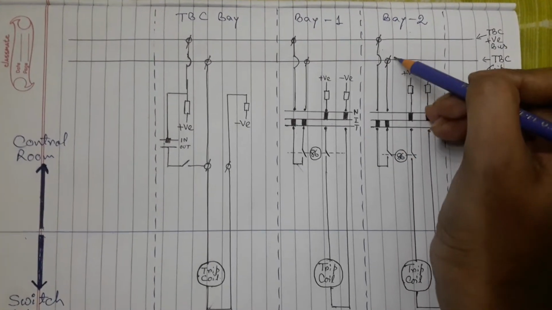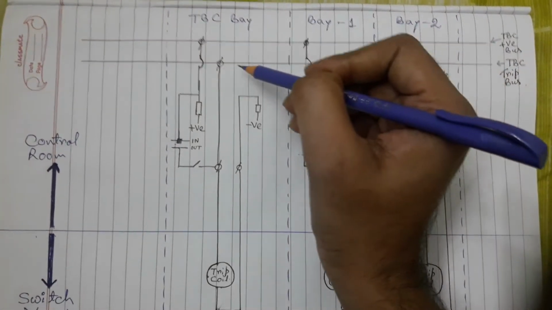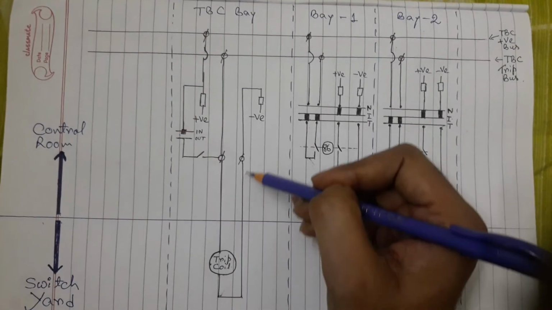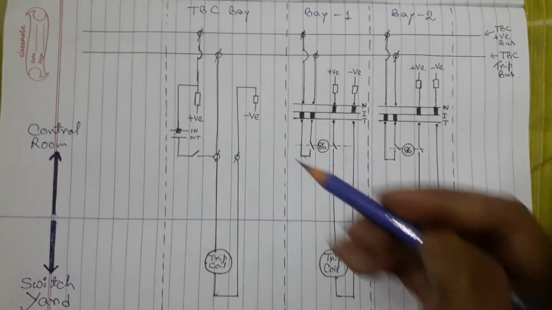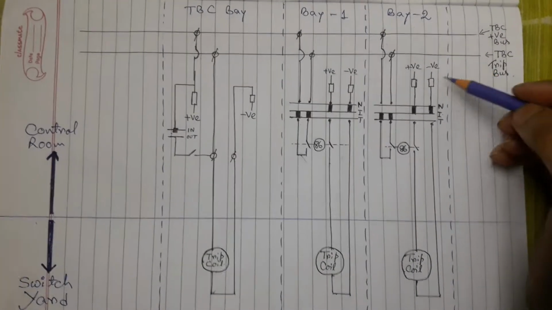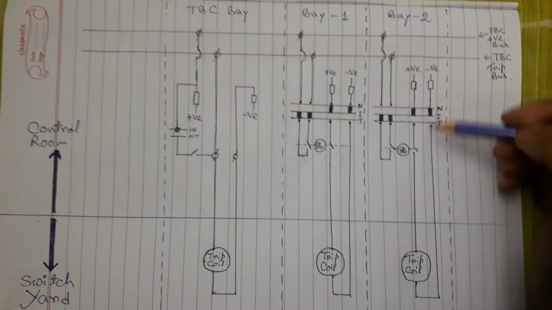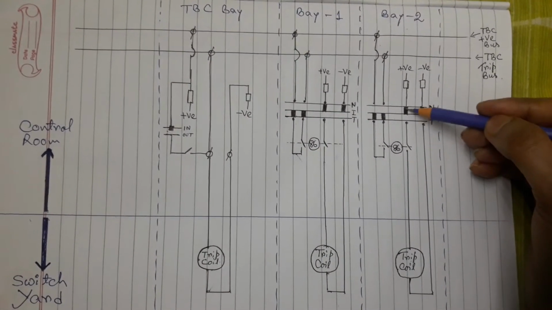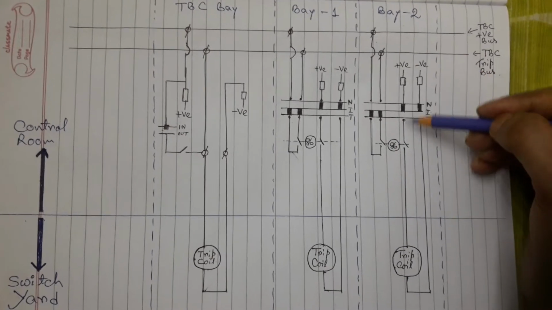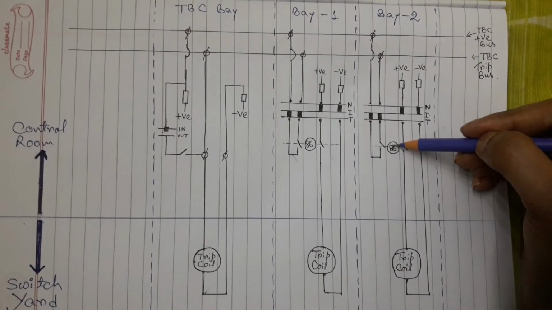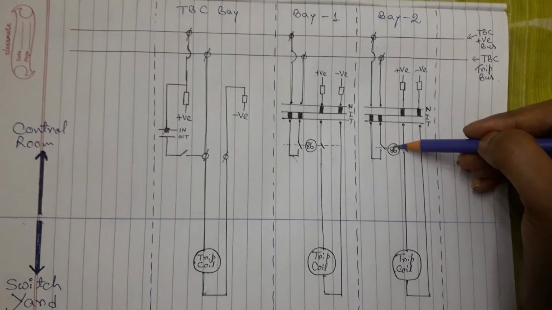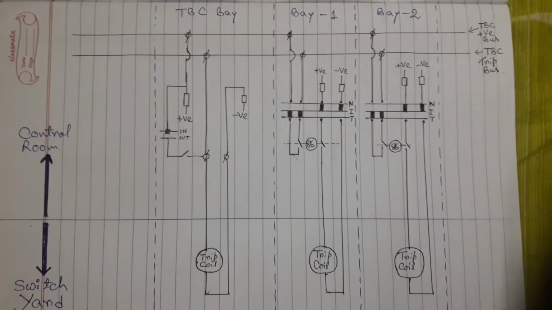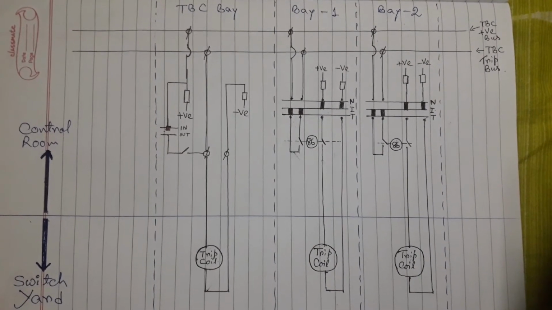So this voltage goes, and in that way this trip coil will be energized and TBC is tripped. The TBC circuit breaker is now tripped, and this breaker will obviously trip because this path is also continuous. So if this 86 operates, then both trip coils will energize and trip both circuit breakers.